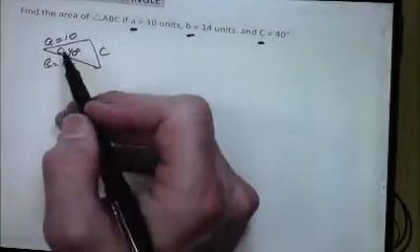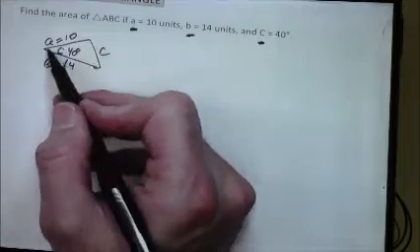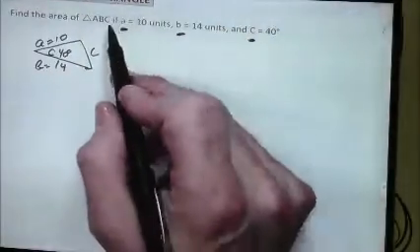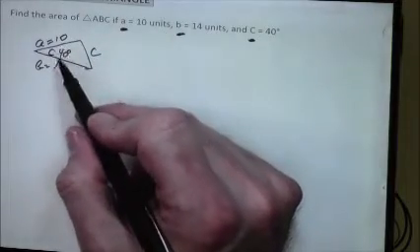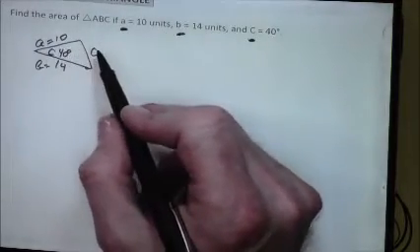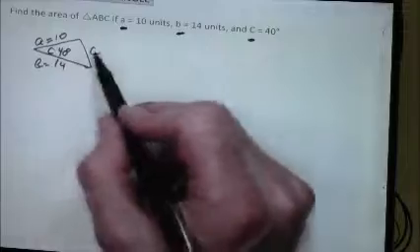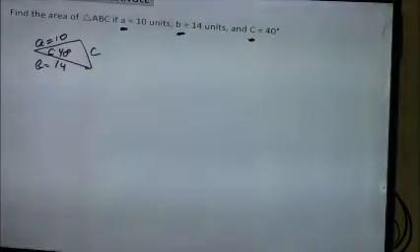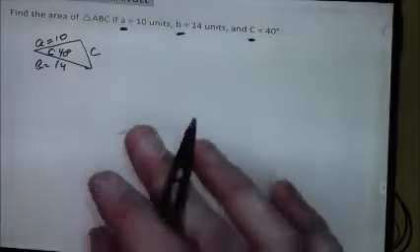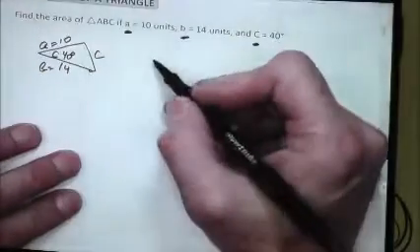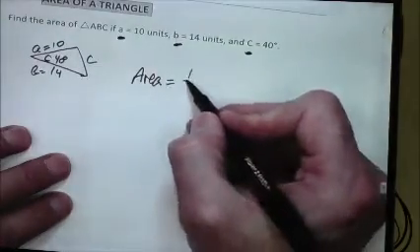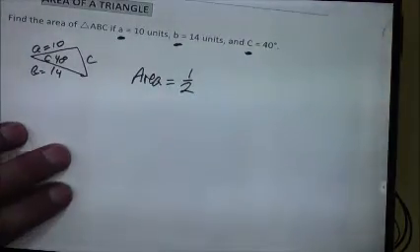So what we really have is an angle and the 2 side lengths that together make up that angle. Angle C has side length A and side length B on the sides of it. But we don't know the other angles and we don't know the side length across from C. This is all the information you need in order to find the area. Okay? So the formula for that is that the area of the triangle is equal to 1/2. Remember, 1/2 length times width.